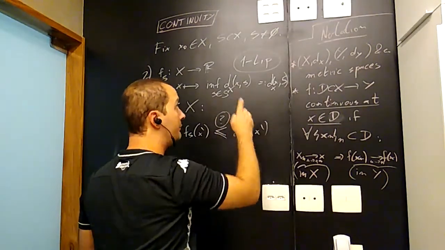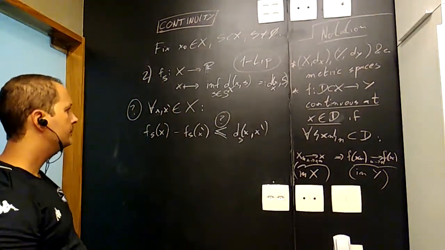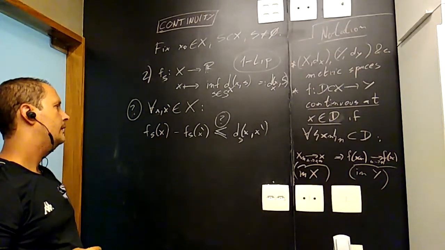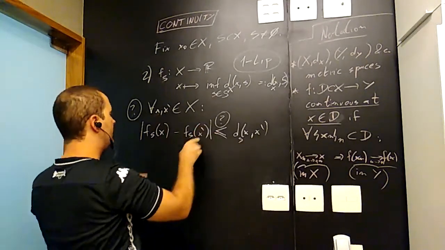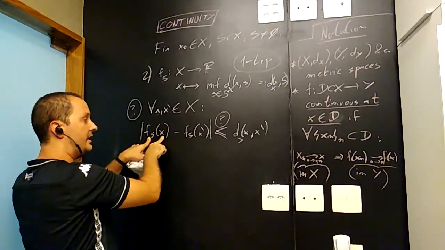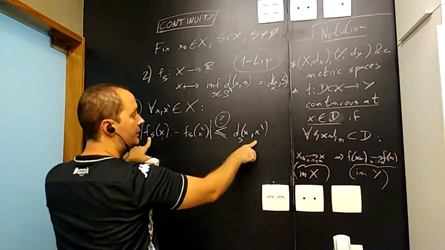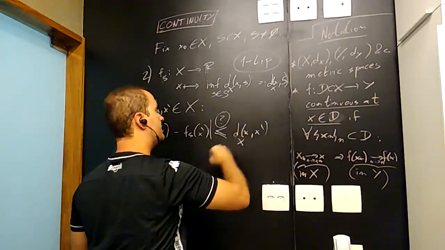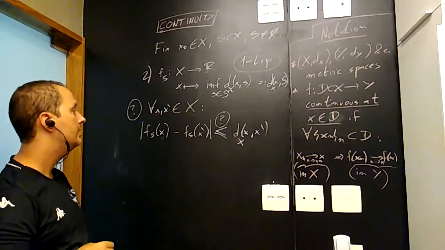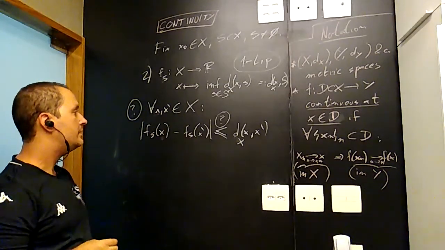Remember I said it was one Lipschitz. Well, okay, it might not be so clear, right? We need this with the absolute value. The distance between f sub S of x and f sub S of x prime should not be greater than the distance from x to x prime. And this is not s, this is x.